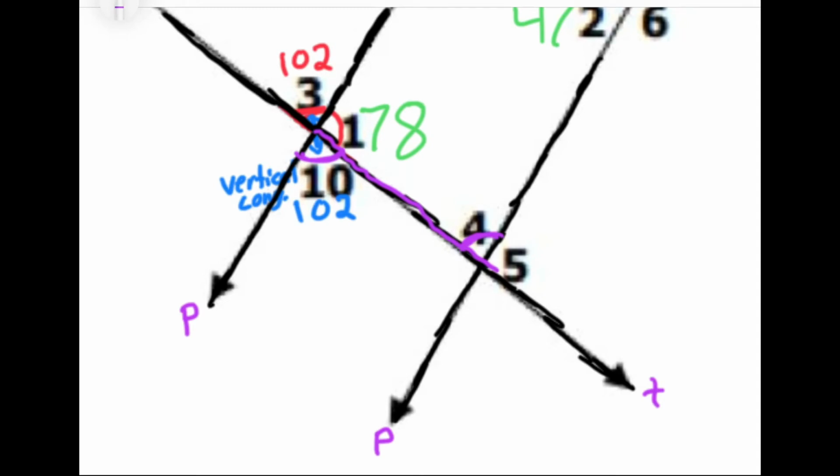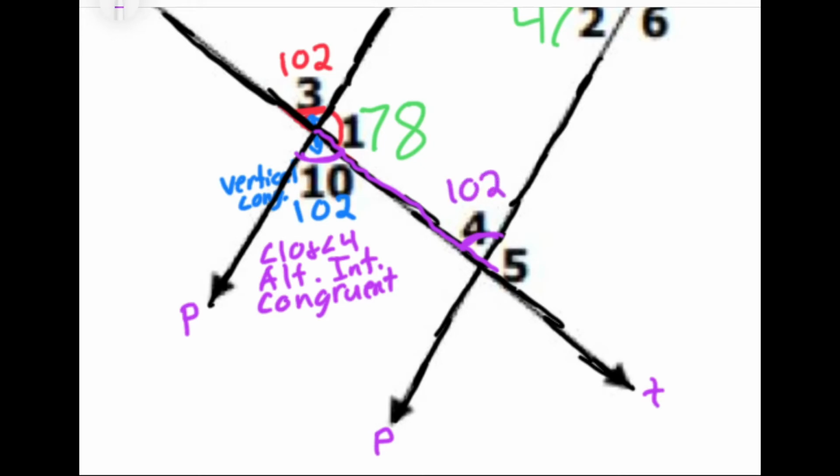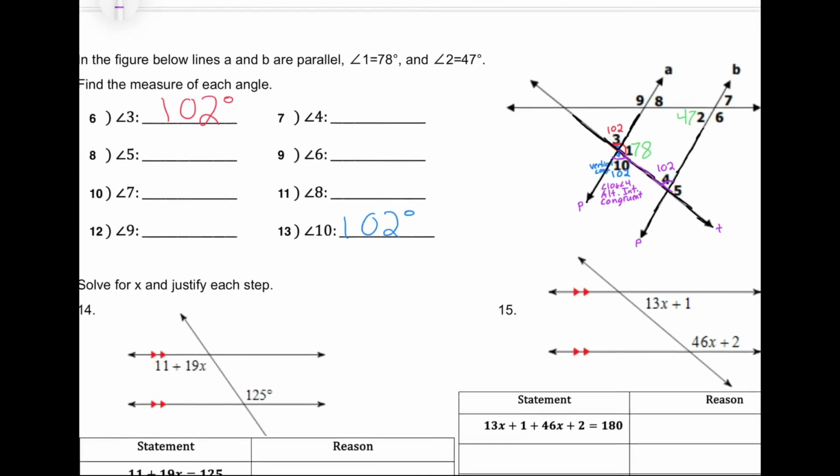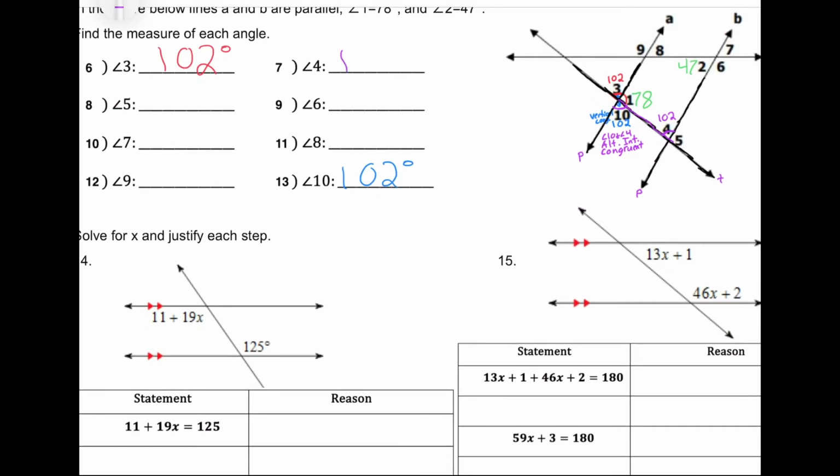So angle 10 and angle 4 are alternate interior angles. So alternate interior angles are congruent. So if angle 10 is 102, that means angle 4 is also 102. So angle 4, come over here, 102.